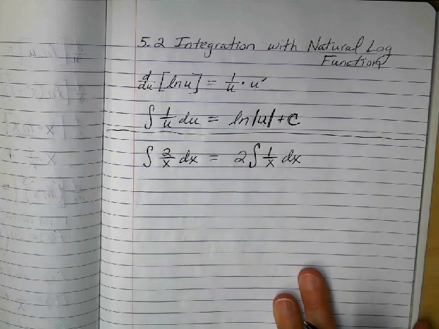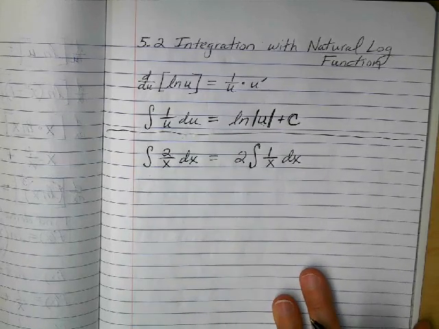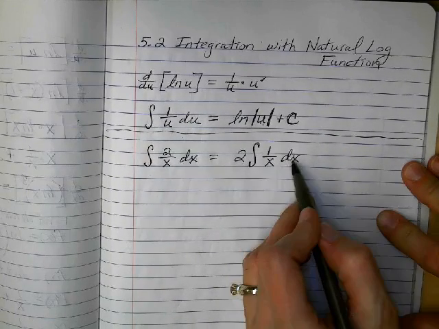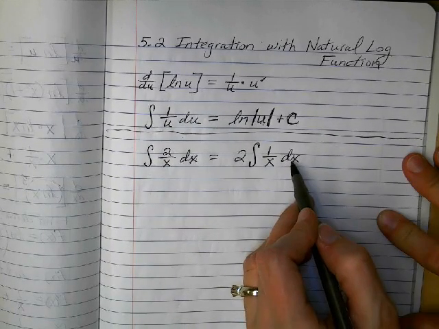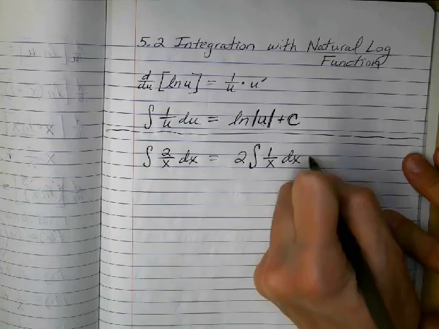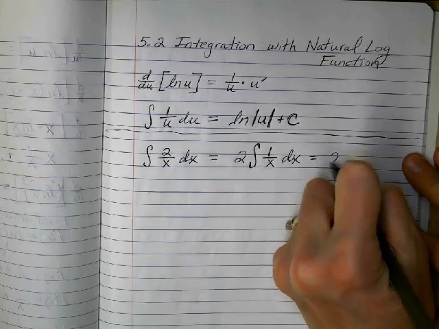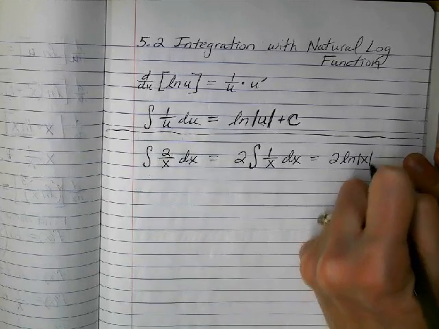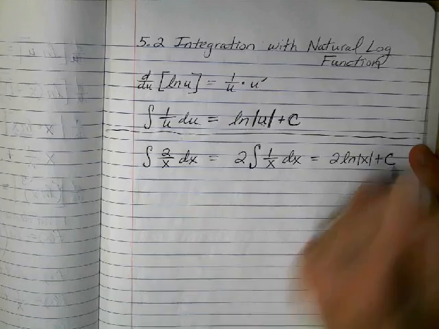It's still there, it's just off to the side so you don't have to worry about it. So what's the integral of 1 over x dx? It's going to be 2 natural log of x plus c. Good job.